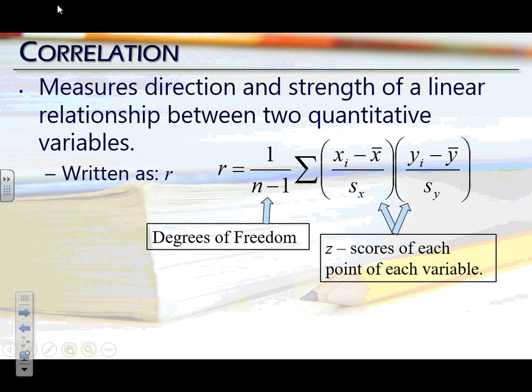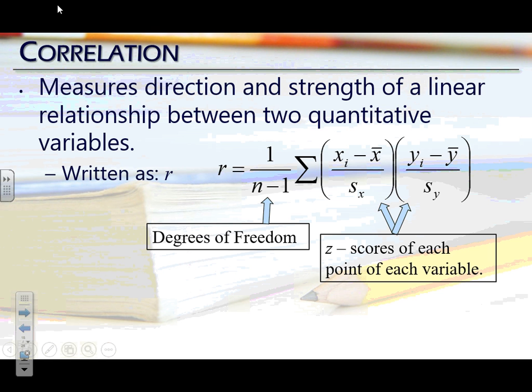But one of the key things here, we're finding z-scores, right? We did z-scores back with normal distributions. When we calculate z-scores, what units did we put on them? None. Z-scores did not have units, correct?